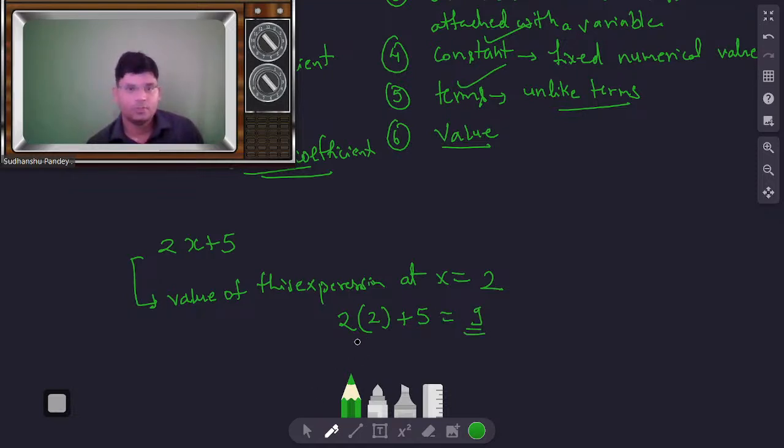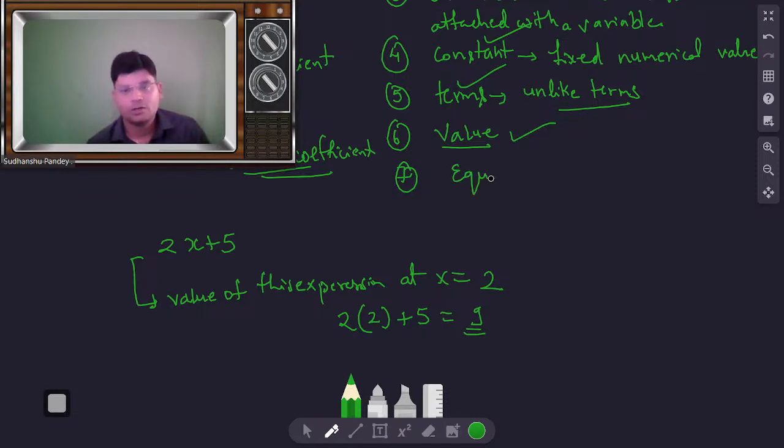Alright. So how many values can we choose? We can choose infinite values. So 2x plus 5 is an expression with infinite values. Are you getting it? Yes, sir. So you understood value as well. Now, no, it is value, not values. Values are a different thing. Okay. So now I'm coming to what you were already telling me.